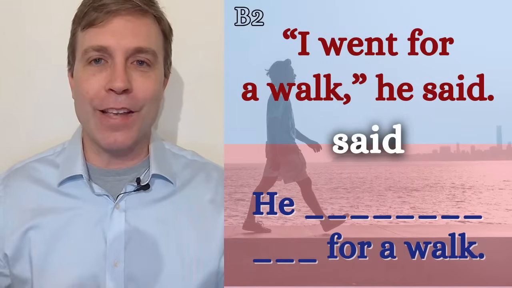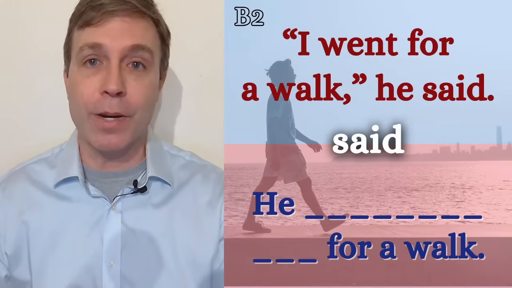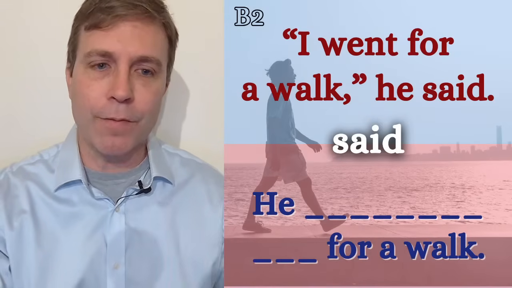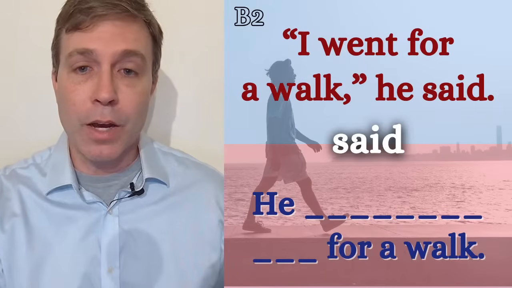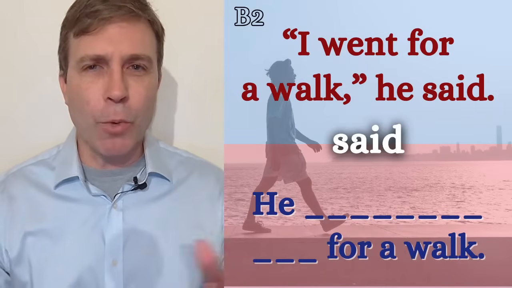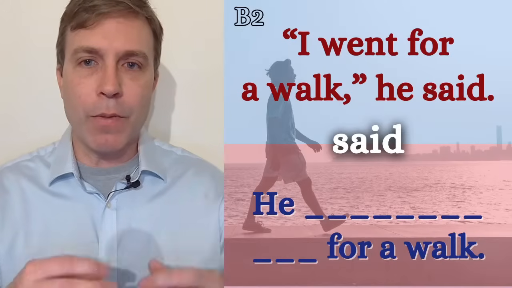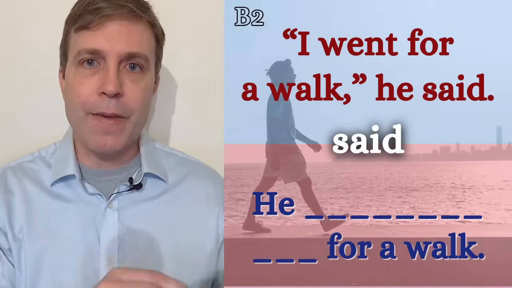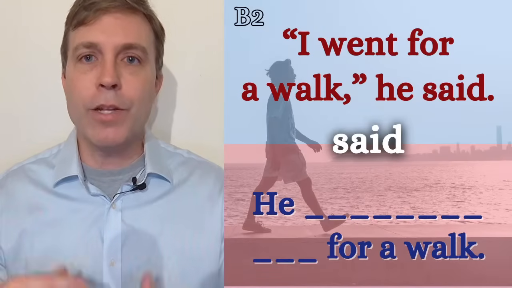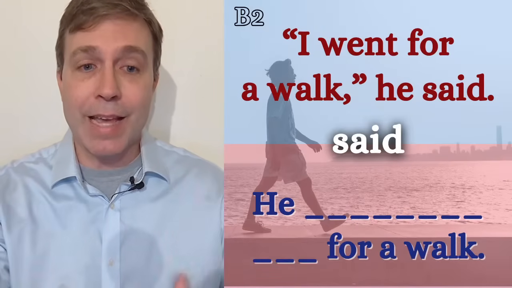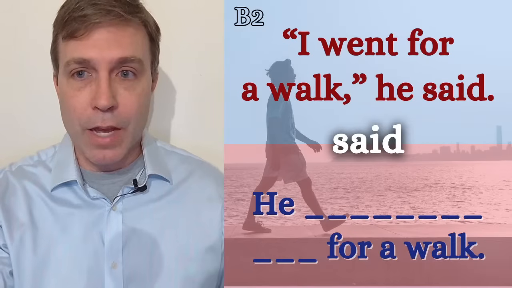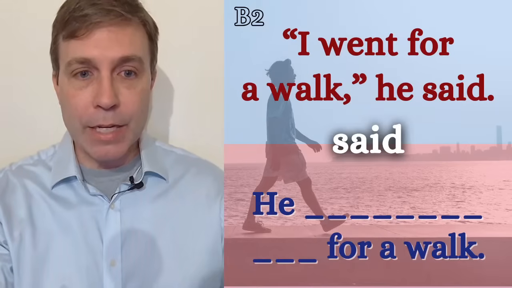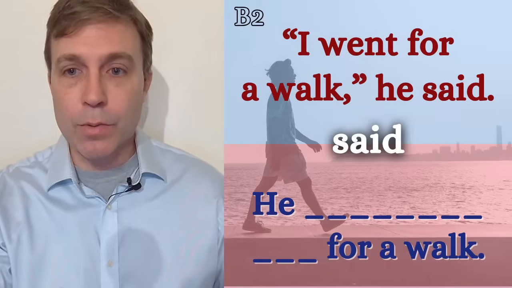So we're changing something from direct speech to indirect speech, and I want you to think about how you would do this. Of course, you're going to use the word said. This is a little more grammar because you need to think about the verb that is used in direct speech and then how you are going to use that when you change it to indirect speech.